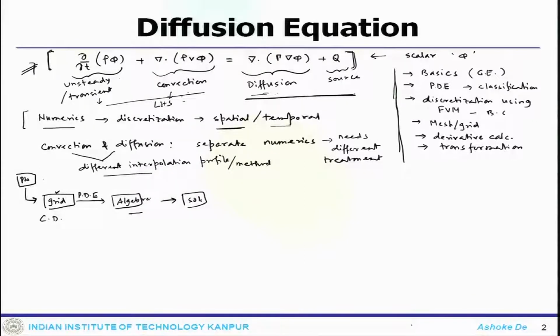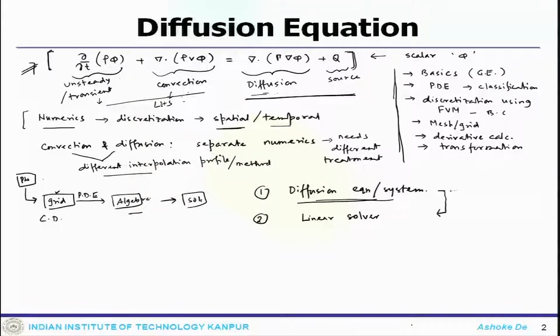The plan is that first we will look at the diffusion equation or diffusion system. Once we look at the diffusion system with some source or sink term, that will lead to some sort of a linear system. So, we need to know the linear solver. So, we will do that. So, from here we will move to this. First we will do the diffusion discretization.